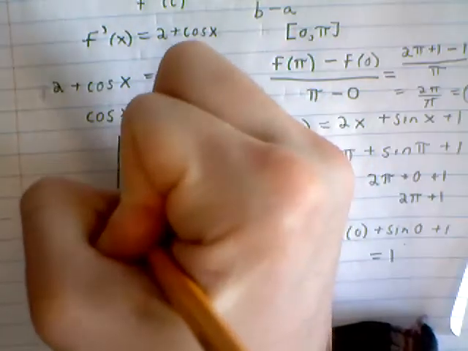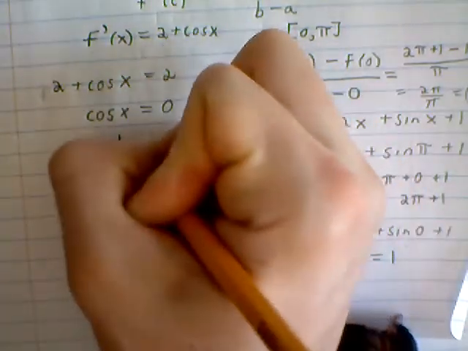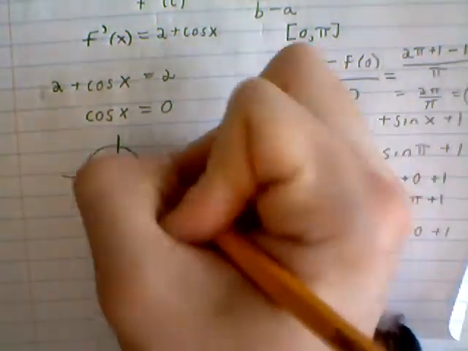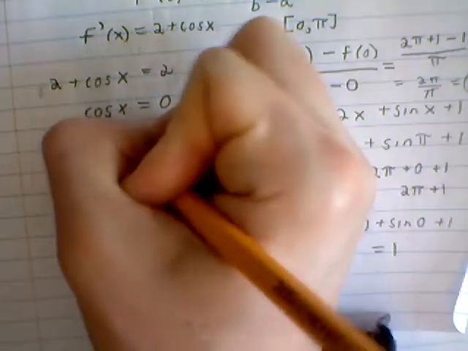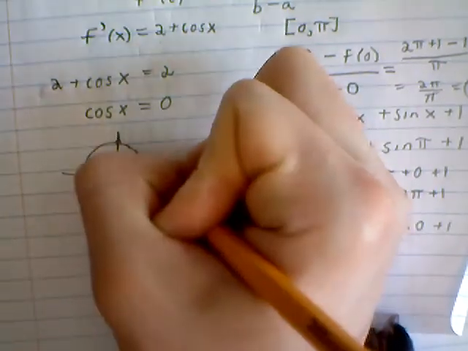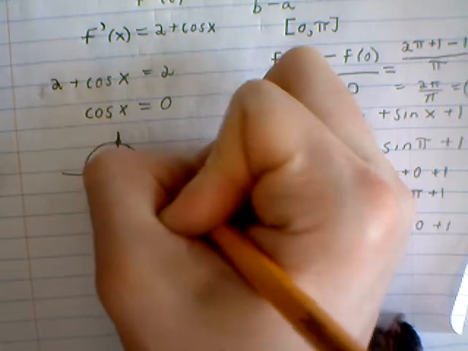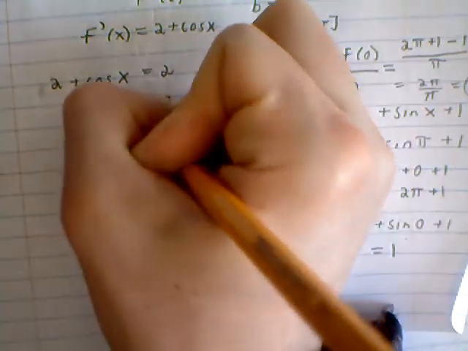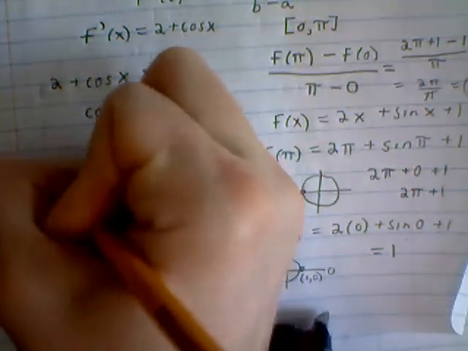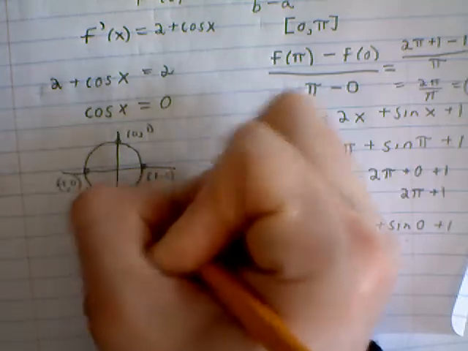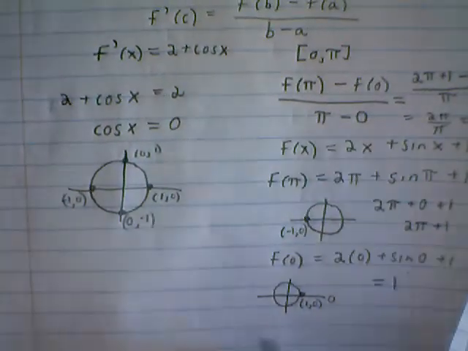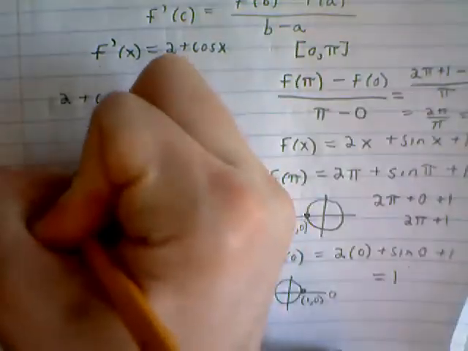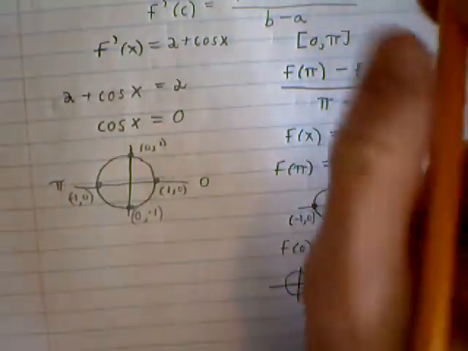Let's draw a unit circle. This is 1, 0, 0, 1, negative 1, 0, 0, negative 1. The interval I'm talking about is from 0 to pi, because that's what's in the original problem.